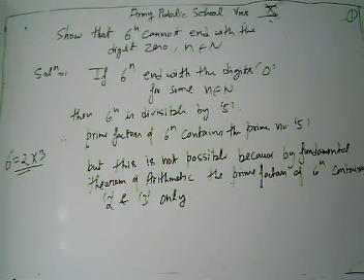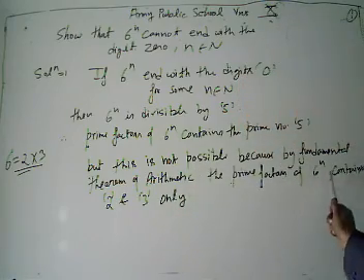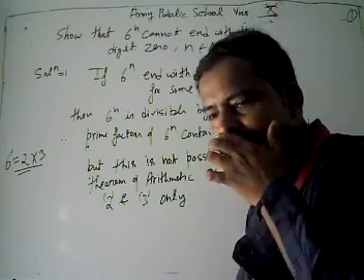But this is not possible because by the fundamental theorem of arithmetic, the prime factors of 6 to power n contain 2 and 3 only.